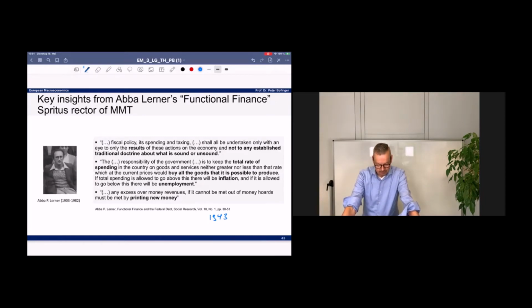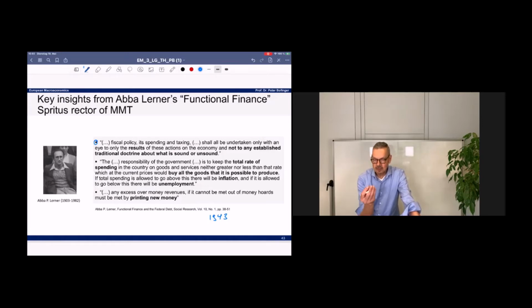I think the first principle by Lerner is really important. It's simple, but it's important. He says, fiscal policy, spending and taxing, shall all be undertaken only with an eye to the results of these actions on the economy and not to any established traditional doctrine of what is sound or unsound.